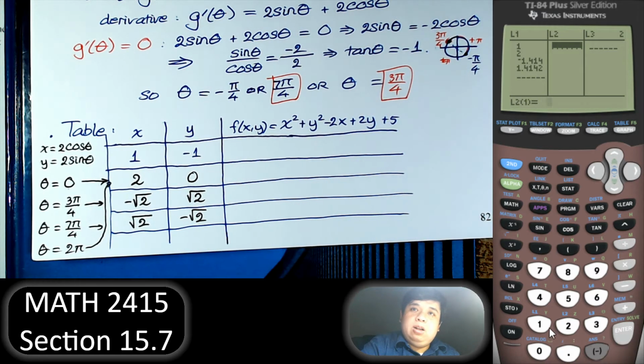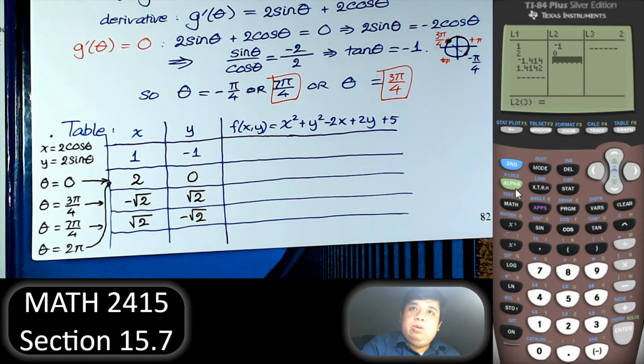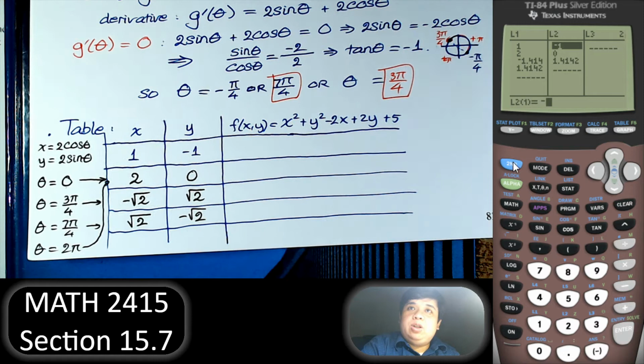Negative 1, 0, square root of 2, and negative square root of 2.